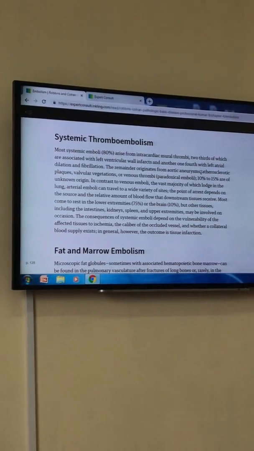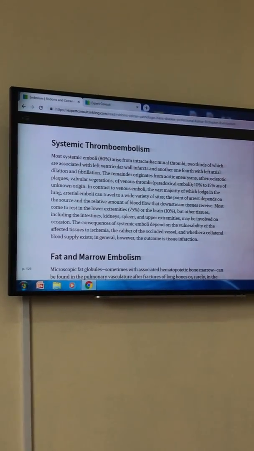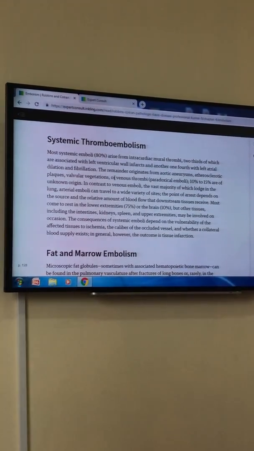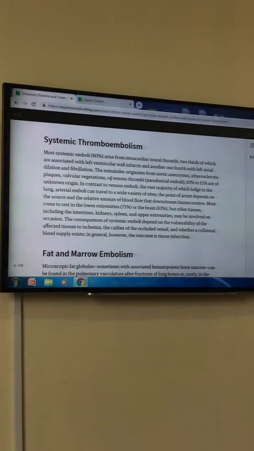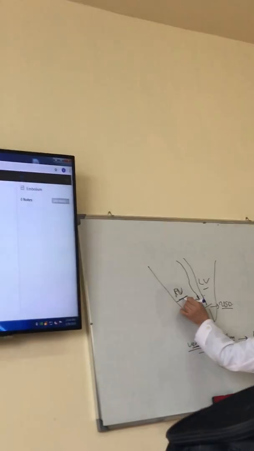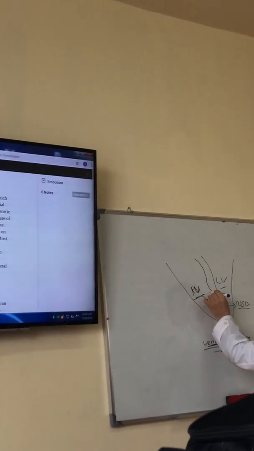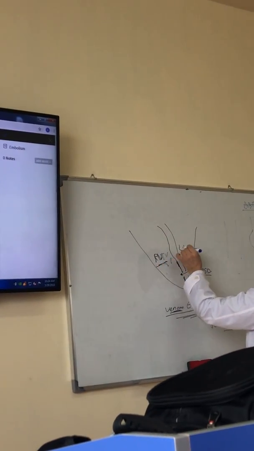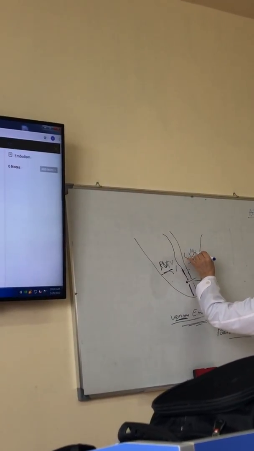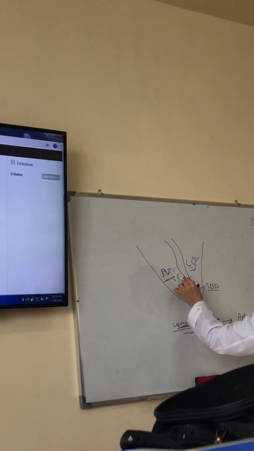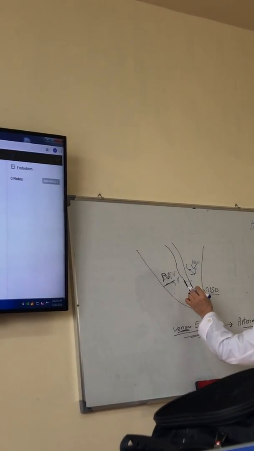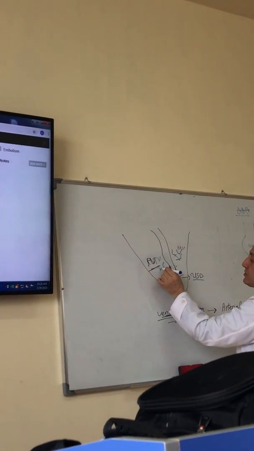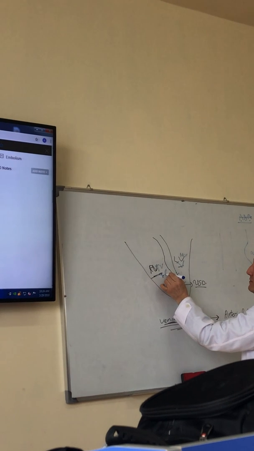So, valvular vegetations. The valves of the heart, for example, the aortic valve, the mitral valve, the tricuspid valve, that is for the right side. These valves have cusps, and atherosclerosis can be seen on these valves.